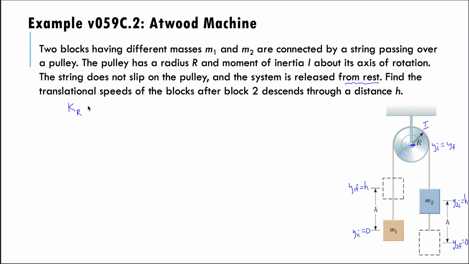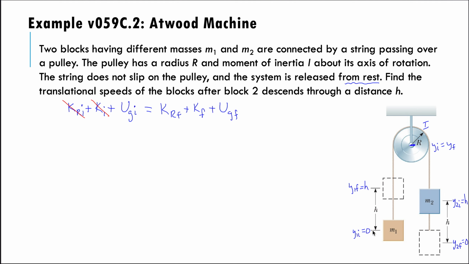Rotational kinetic energy plus translational kinetic energy plus gravitational potential energy. Let's say all the initial energies equal all the final: K_R final plus K final plus U_G final. We said that there are no kinetic energies of any kind for any of the three objects. How much potential energy is there?